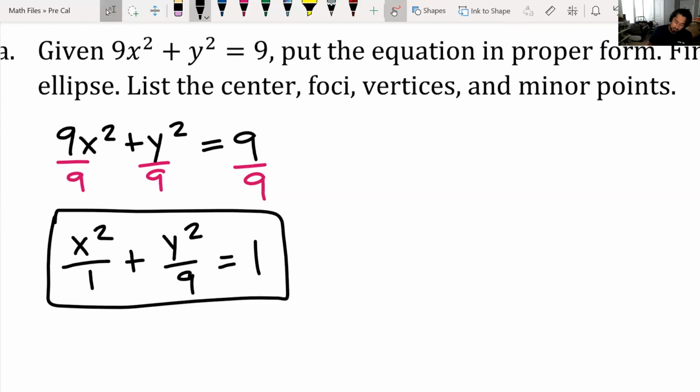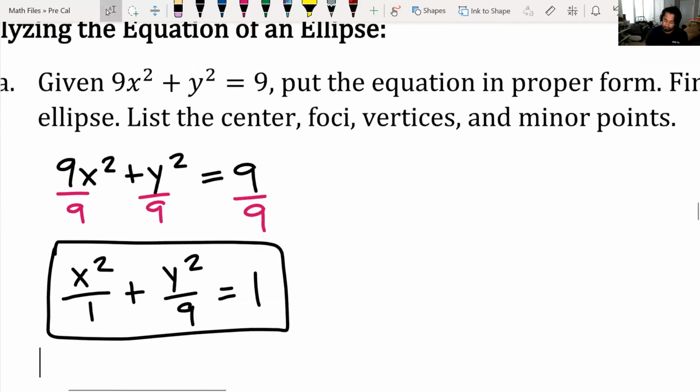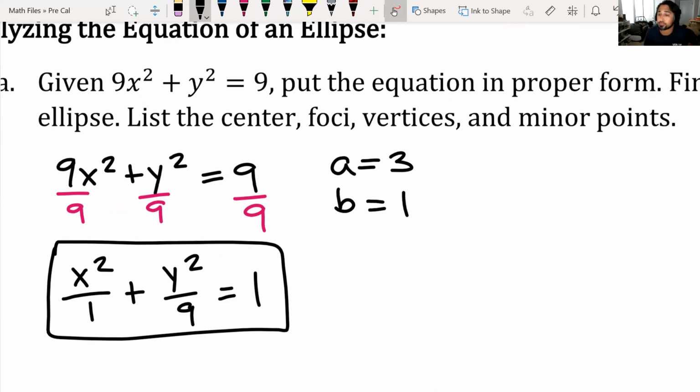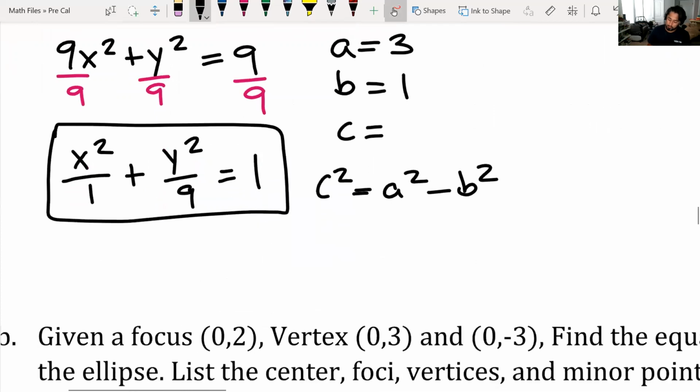All right. Then, with that being said, we also now know the values of a and b. So this means that a is going to be 3 and b is going to be 1. Now all we have to do is find c. And remember, c squared was given by a squared minus b squared, which means plug in what we know. c squared is going to be 9 minus 1, which is 8.